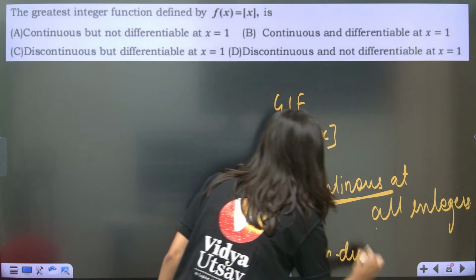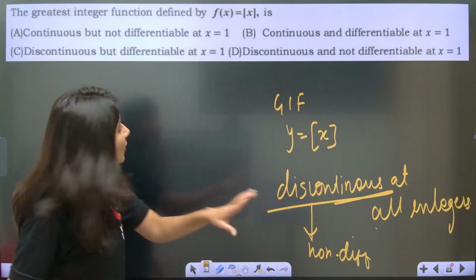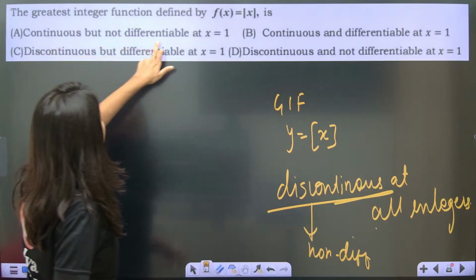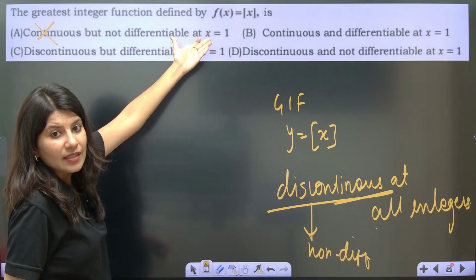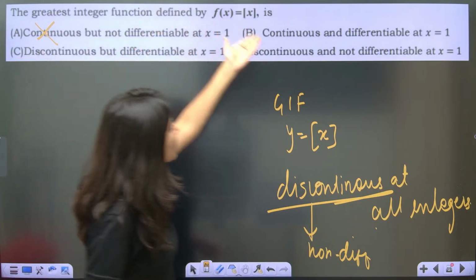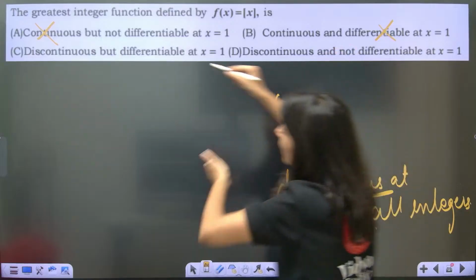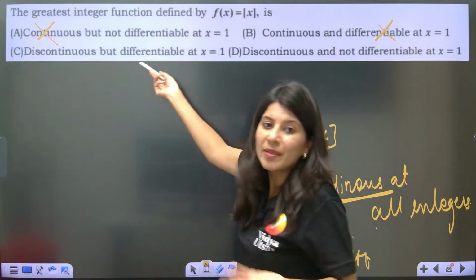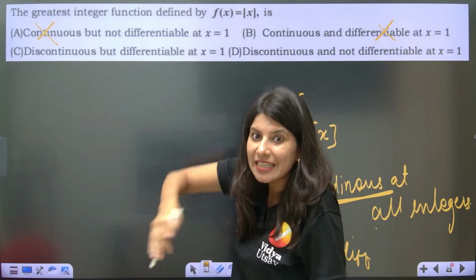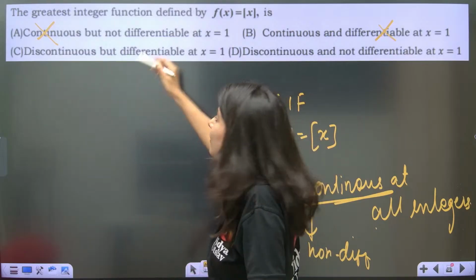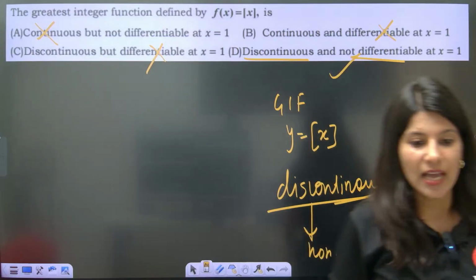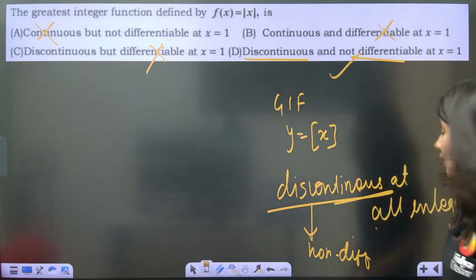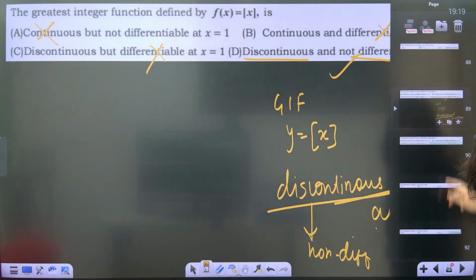So discontinuous and non-differentiable at all integers. Continuous it is not at all, for x equals to 1. This is an integer, so non-continuous at x equals to 1. Discontinuous but differentiable, this is not possible. If a function is discontinuous, it will eventually become non-differentiable. So discontinuous and non-differentiable, option D, absolutely right. Okay, I hope that you're getting it.